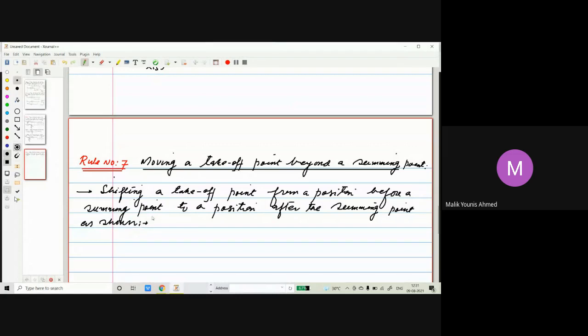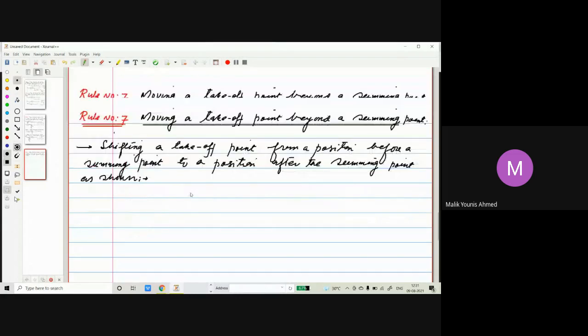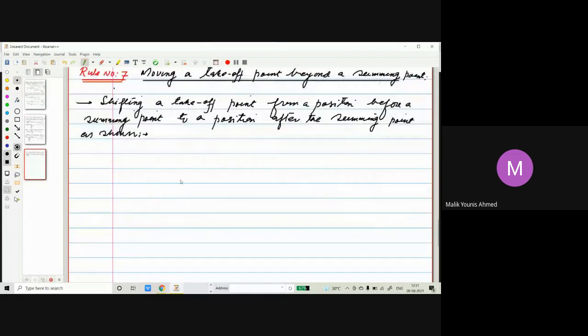Okay, let's draw this circuit. This is a very simple circuit. Let's say the scenario is like this. Input going to the summing point is like this.